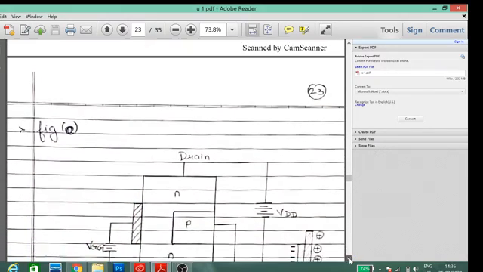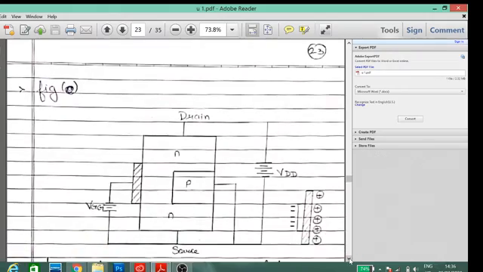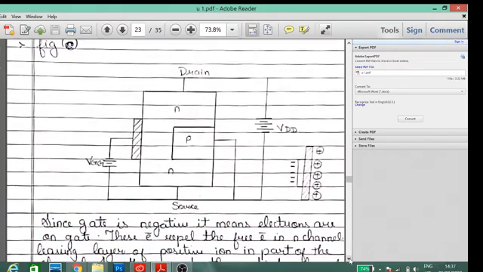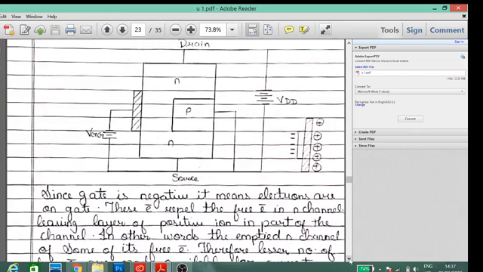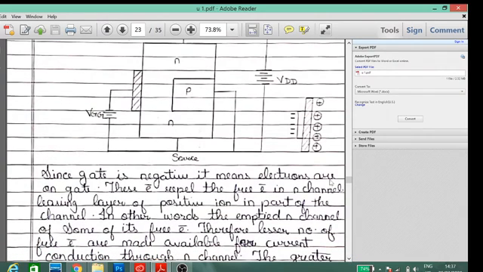Working. Since the gate is negative, it means electrons are on the gate. When the gate is negative, more electrons will be pushed inside the channel, leaving a layer of positive ions on part of the channel.